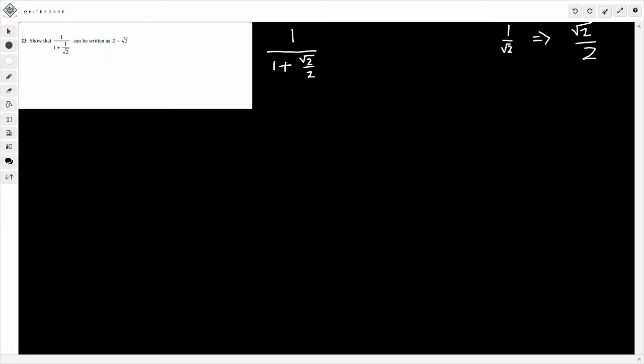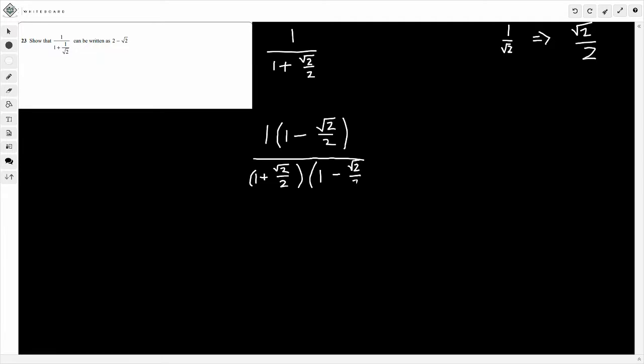So the numerator is going to be 1 times 1 minus root 2 over 2, and similarly with the denominator, we times this by the conjugate again: 1 plus root 2 over 2 times 1 minus root 2 over 2.